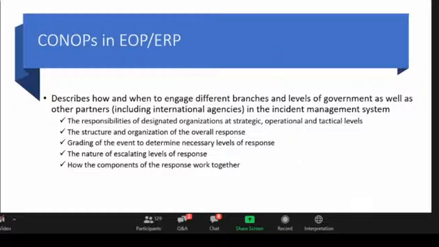It also covers the grading of the event to determine the necessary level of response, the nature of escalating levels of response, and how the components of response work together.